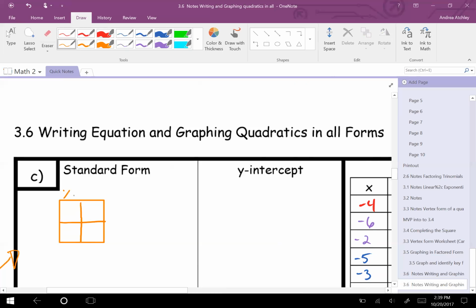My length of my sides are x plus 6 and x plus 2. X times x is x squared. 6 times x is 6x. And x times 2 is 2x, and then 6 times 2 is 12.